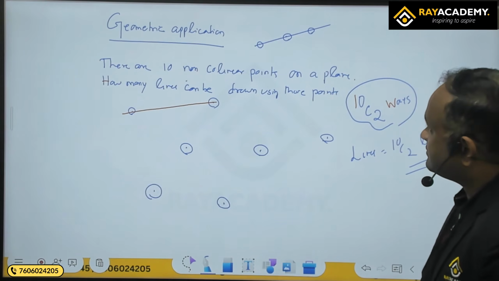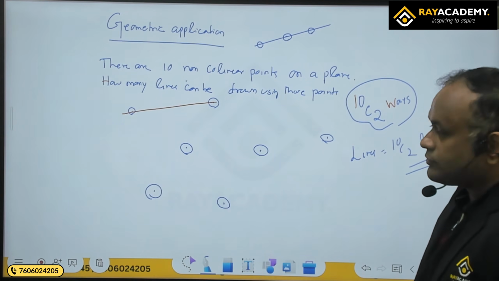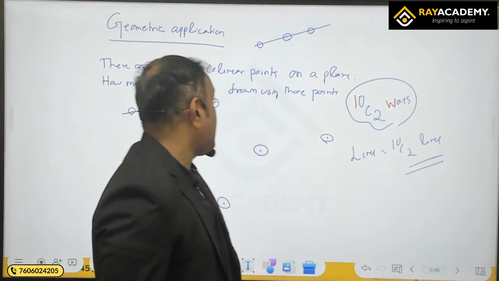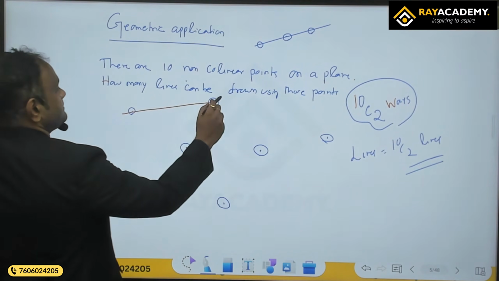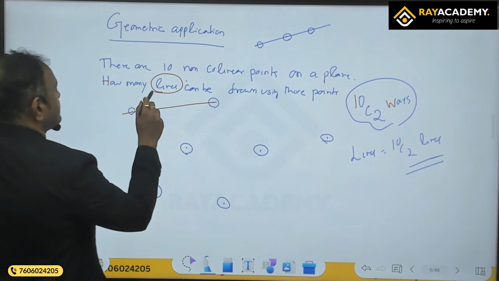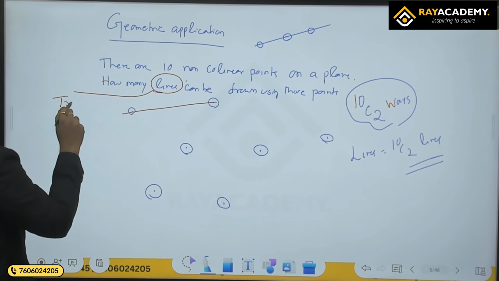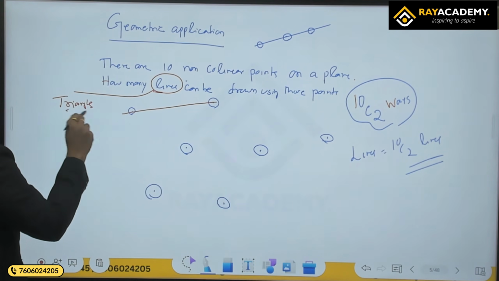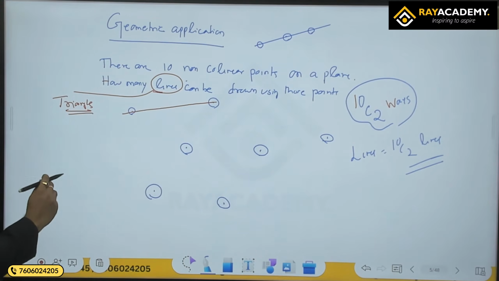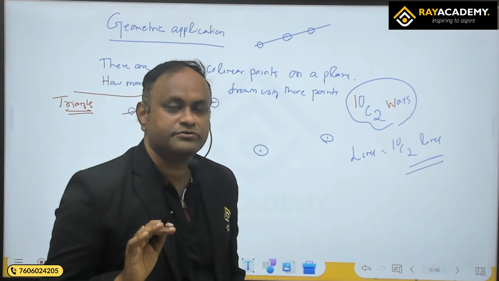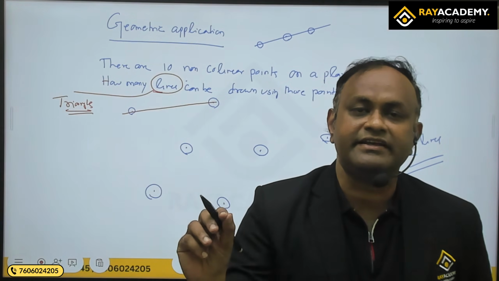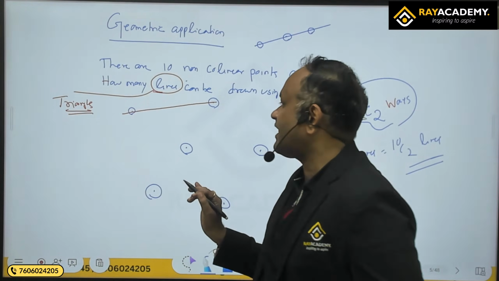Okay, so this is the geometric application. Suppose in the question sometimes they ask how many triangles you can draw. Here they have given lines, if they say triangles, how many triangles you can draw? So for a triangle, how many points you need? If you see logically, if you are given any 3 points, you can draw a triangle.